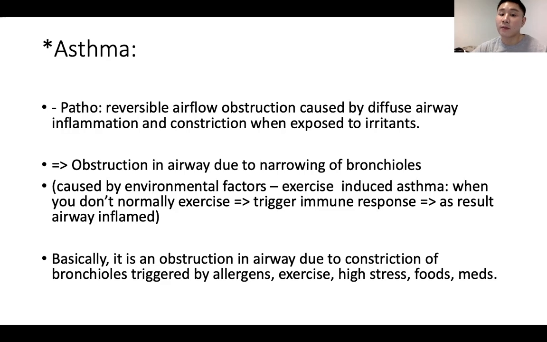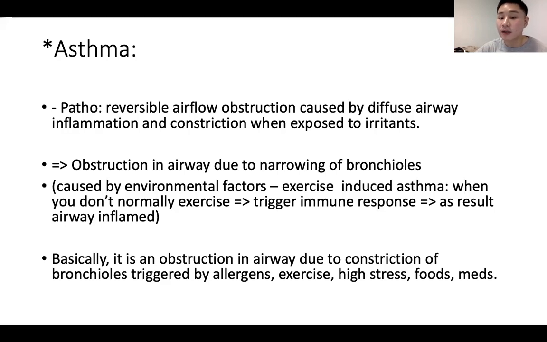It is caused by environmental factors or exercise-induced asthma. So when you don't normally exercise and then you go so hard, you do all this HIIT workout, and you have a background of asthmatic episodes, it can trigger asthma as well. It triggers an immune response, and as a result, the airway gets inflamed, the bronchioles constrict, and no air can get in or out.